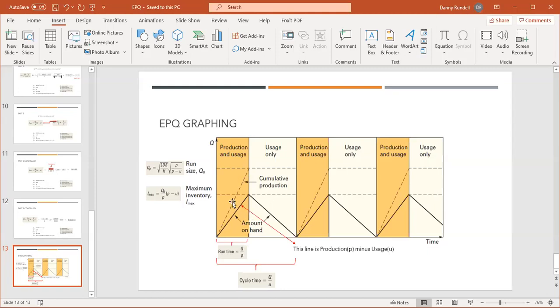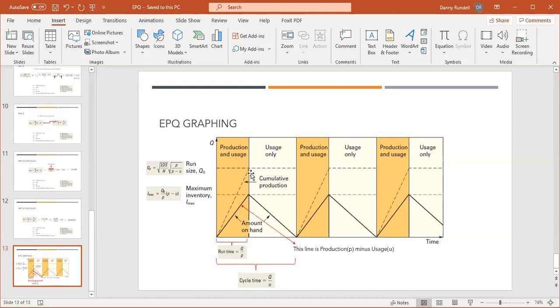This is how many you've produced altogether, but since you're using them at the same time, that number is never going to be higher than your maximum inventory. That's what this solid line indicates, okay? And this dark line is always production minus what's being used. So what you actually have on hand is this dark line. This dashed line is the amount that's being made.